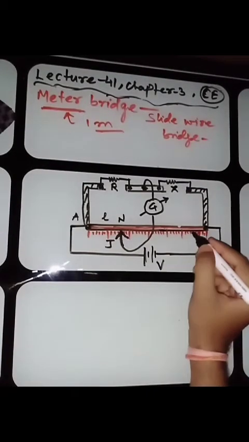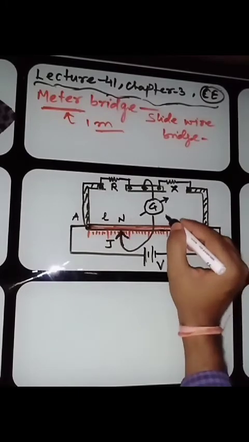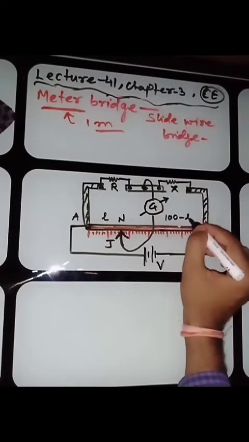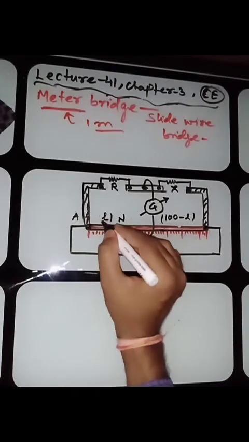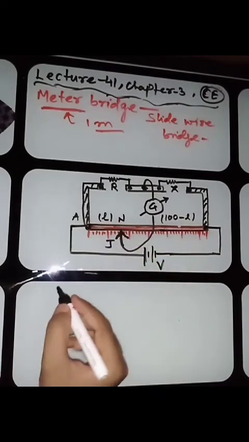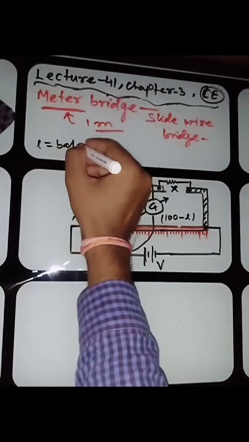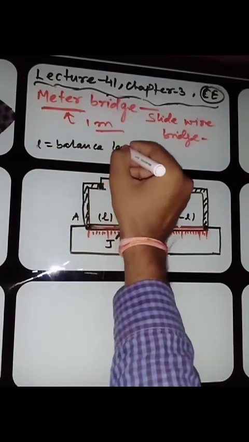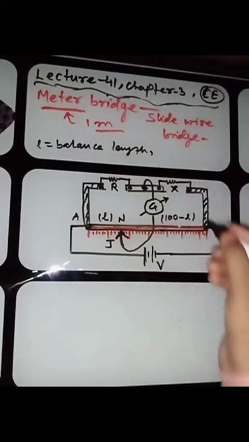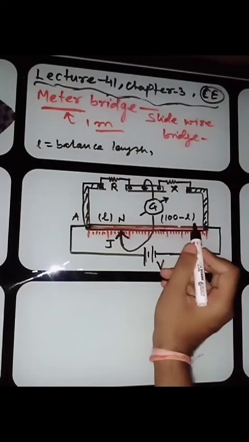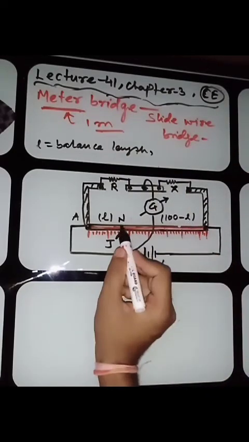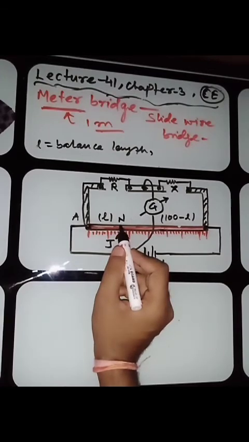It will be 100 minus L. This L is called the balance length, and this 100 minus L is called the rest length. This N is called the null point.